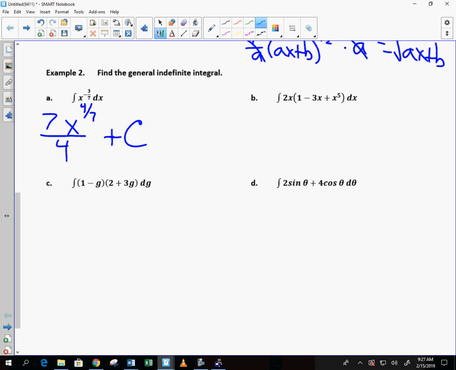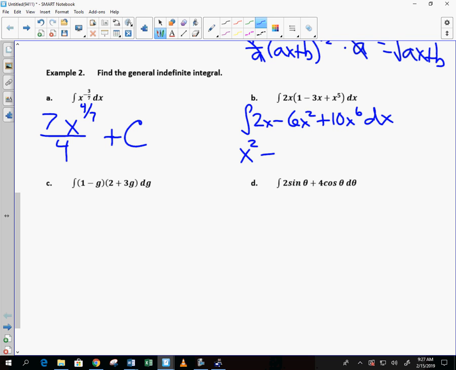Uh-oh. Should I take the antiderivative of 2x and then the antiderivative of the inside? No, I can't do that. I've got to do the integral of 2x minus 6x squared plus 10x to the 6th dx. Now I take the antiderivative, which is, what's the antiderivative of 2x? X squared.